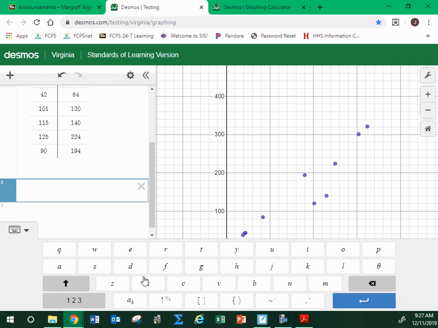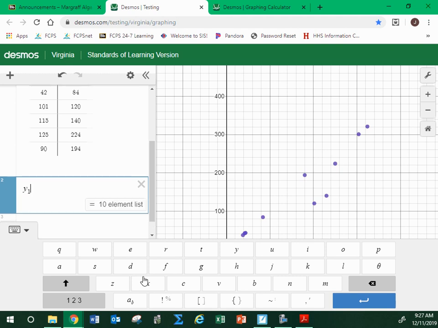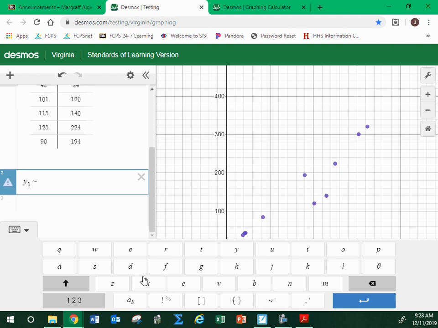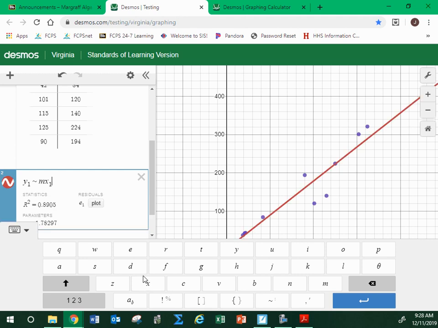Okay, so we're going to go ahead and just type in Y1. You can literally just type Y1 and it automatically makes it that little one. And then our squiggle, M times X1 plus B. If you don't put the squiggle, then it's not going to calculate the graph for you. When you say y equals mx plus b, it's going to ask, what do you want m to be?